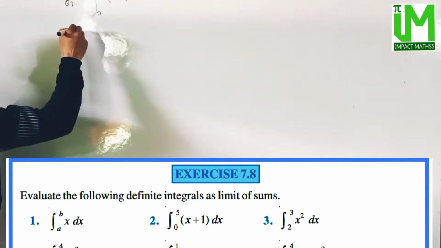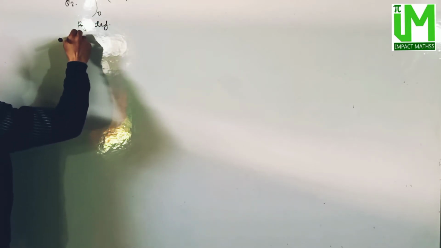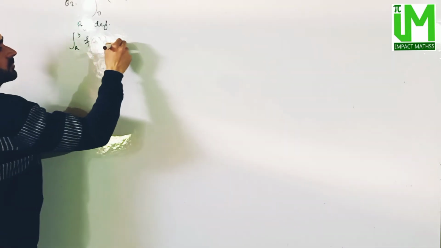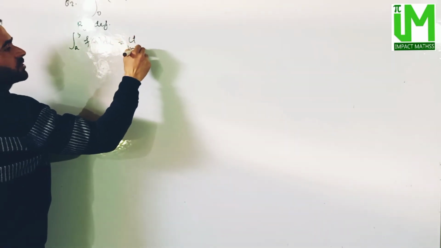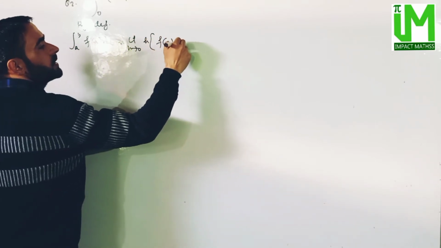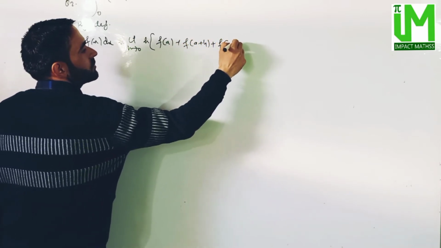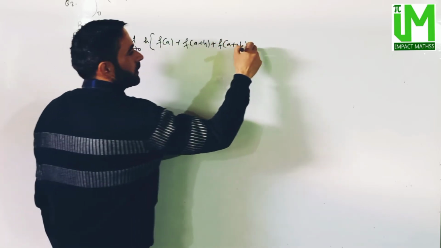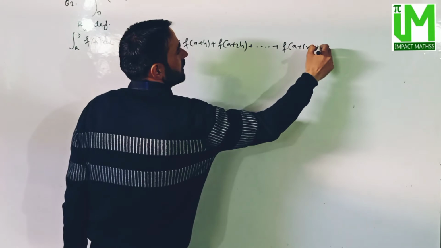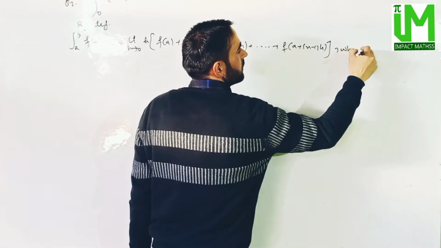By definition, integral of a to b f(x) dx is equal to limit h tends to 0 of h times f of a plus h plus f of a plus 2h plus up to f of a plus (n minus 1) into h, where nh is equal to b minus a.